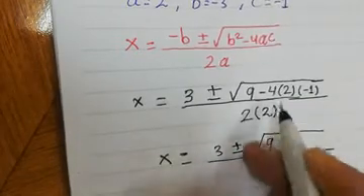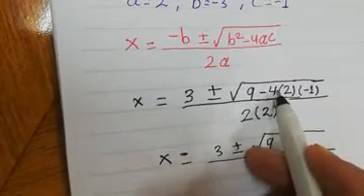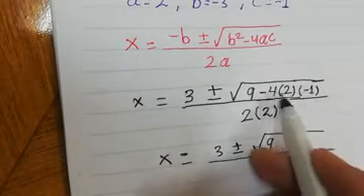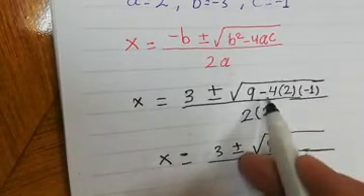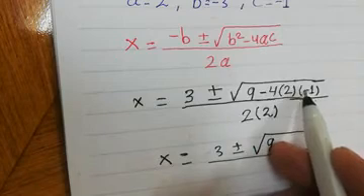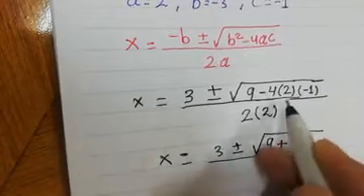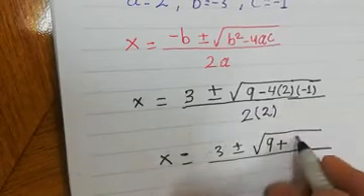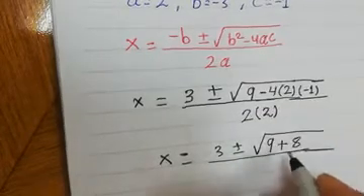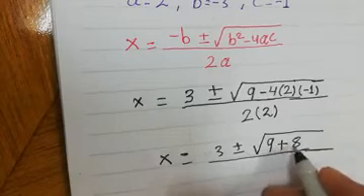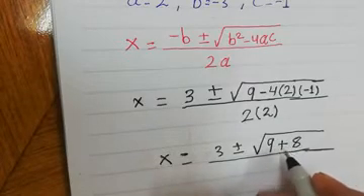I will leave it now. Now, minus 4 multiplied by 2 multiplied by negative 1, all of these are one term. So negative multiplied by negative will be positive. So it will be plus 4 multiplied by 2 multiplied by 1, it will be 8. Now you can add these two numbers to each other.